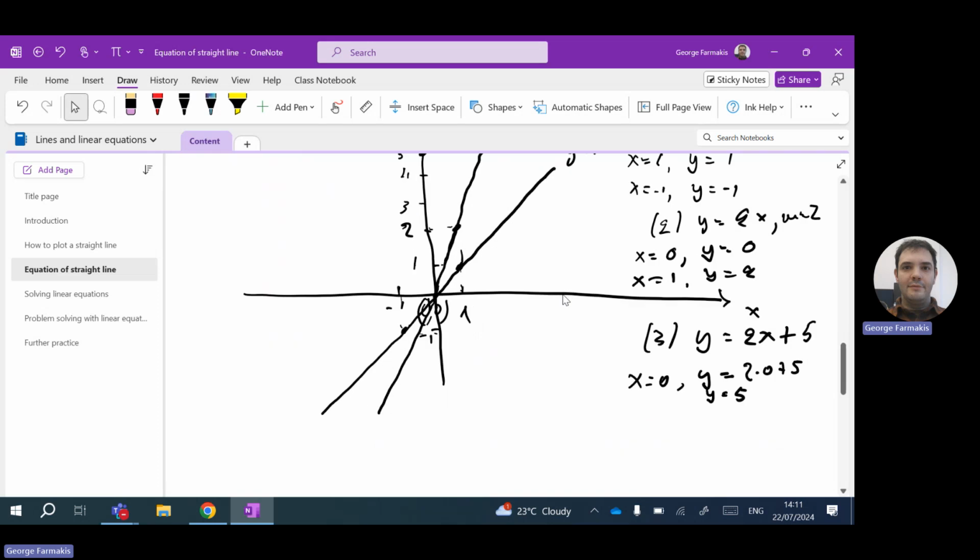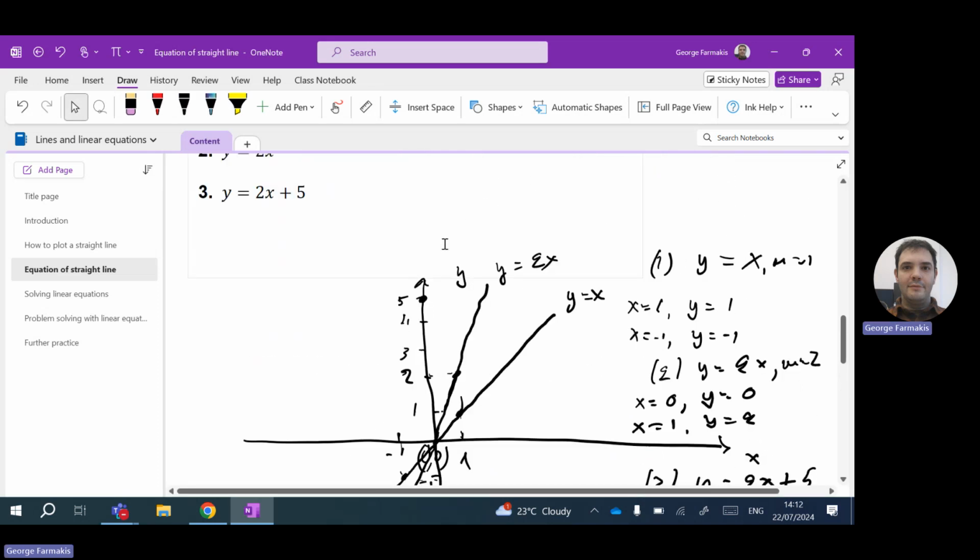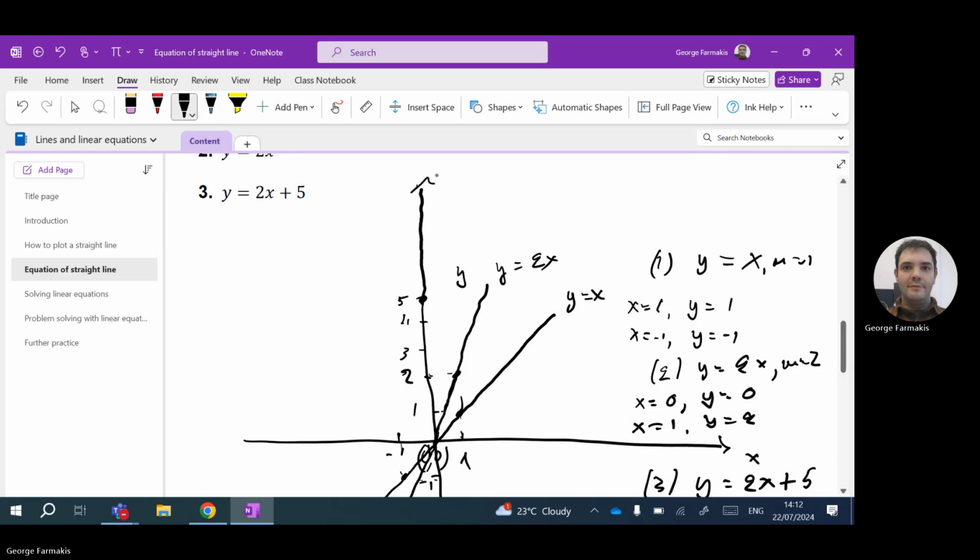We want to find another point. Let's take x equals 1. Then y is 2 times 1 plus 5. So y is equal to 7. Let me extend a bit the y-axis. So this is the y-axis, so 6, 7.